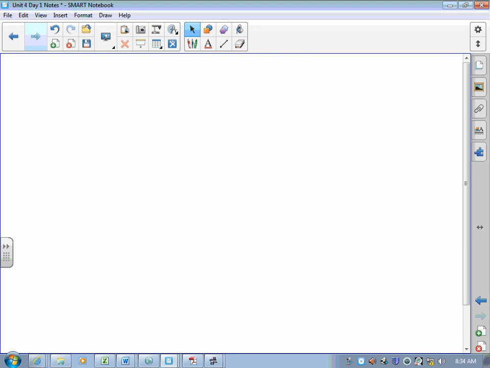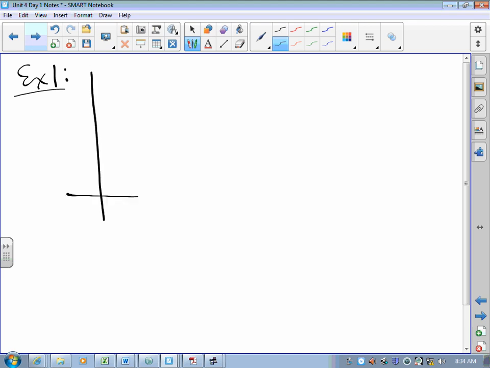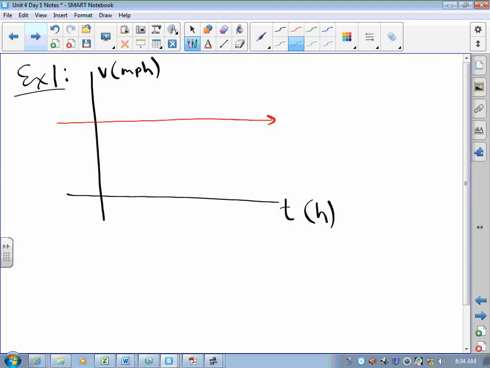Consider the following. Let's imagine that this is some velocity function. Velocity in miles per hour, time here measured in hours, and I'm driving, and my velocity is 75 miles per hour all the time.